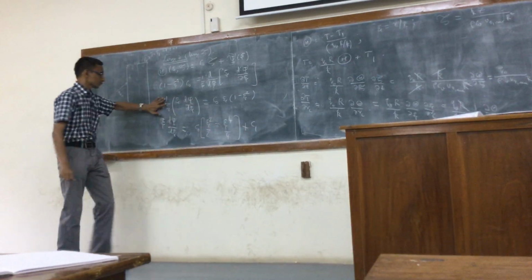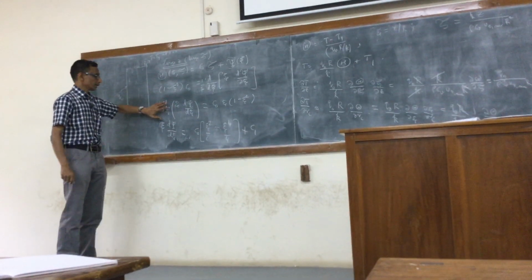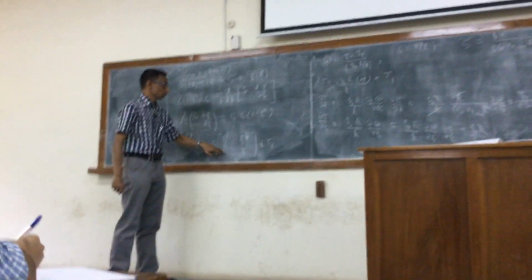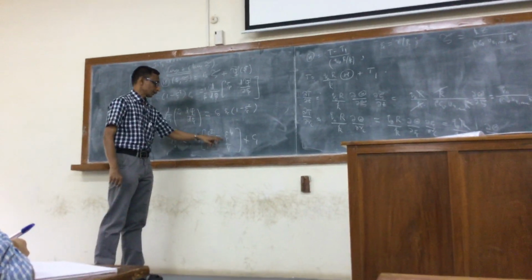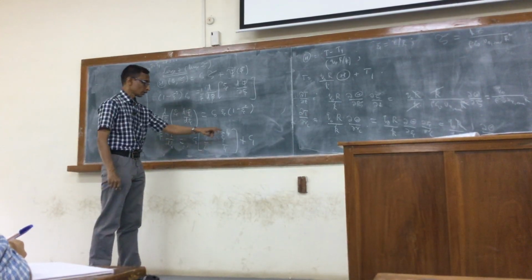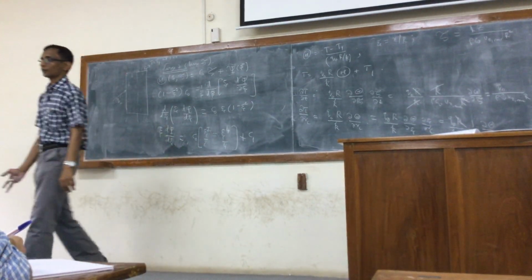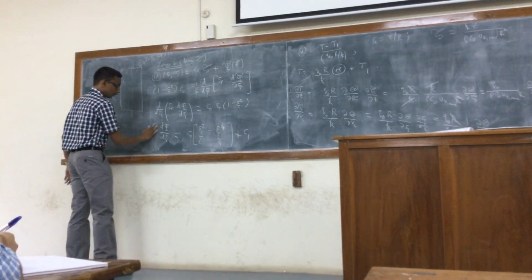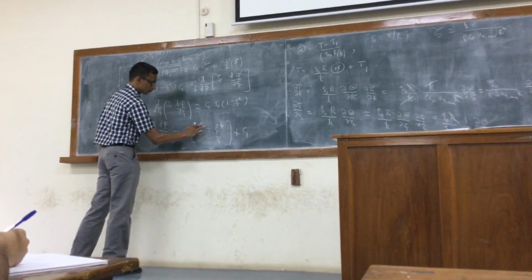So I have integrated. First integration: psi d psi by d psi is c naught psi squared by 2 minus c naught psi power 4 by 4 plus some constant. That's the first step. Second step, first I have to divide by psi.